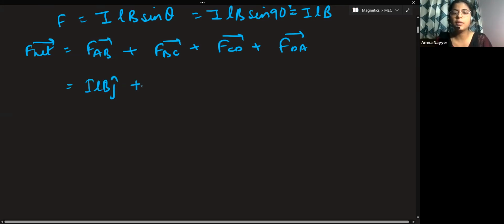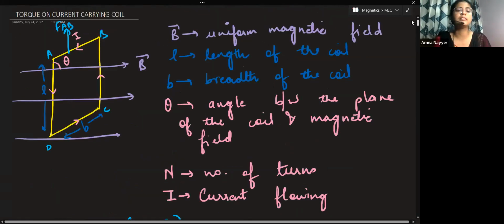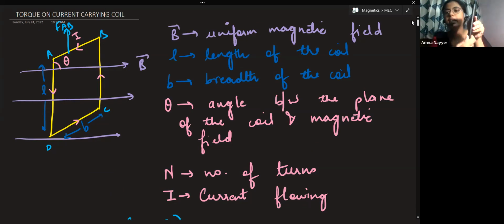Fine. Now plus FBC. Let's move on to FBC. Current is flowing in which manner? This way. So I have to keep my hand like this. If I keep my hand like this, I'm not able to curl it towards the magnetic field.